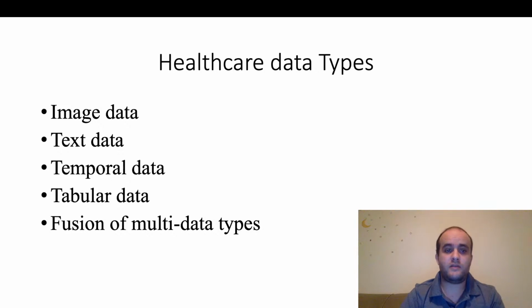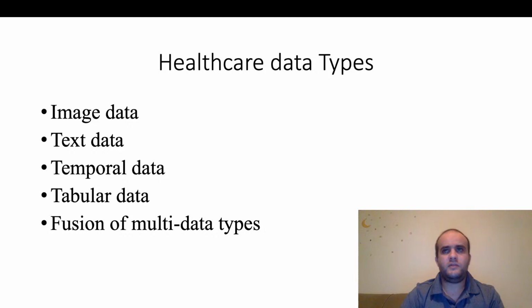That comes as text data, which explains, for example, physical data about the patient, historical illness if he has some previous illness, and current symptoms.